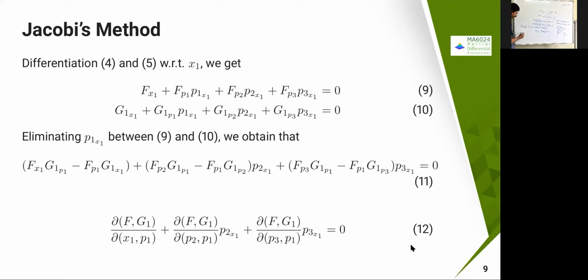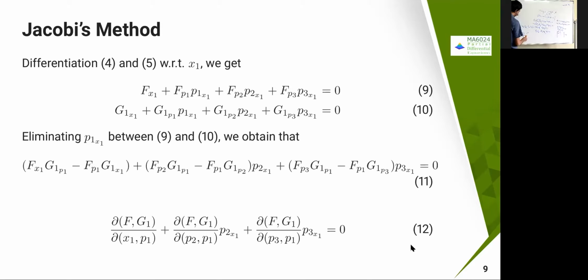If you look at this one, if I define it as dou of f comma g divided by dou of, for example, p1 comma x1, let's see whether it is going to be true. fx1 I can write as gp1, but fp1 is coming first, so it should not be correct. So I have to change this: I'll put x1 comma p1 here, then it will come correct.